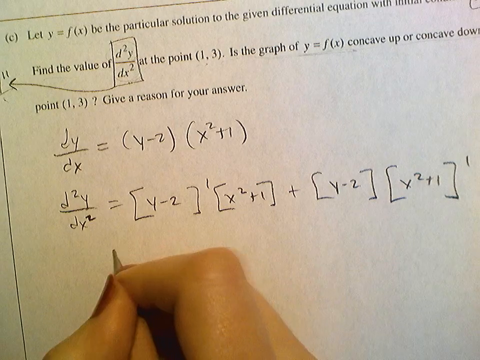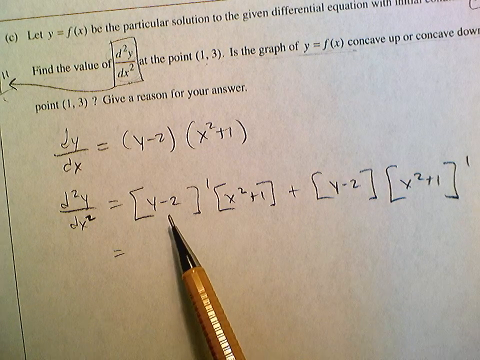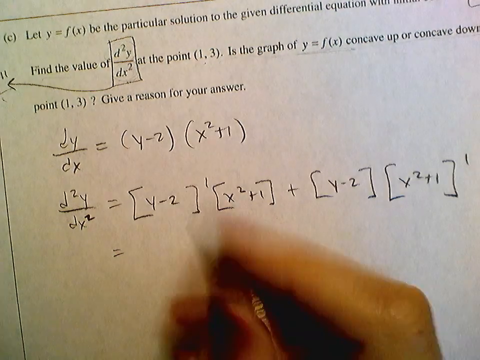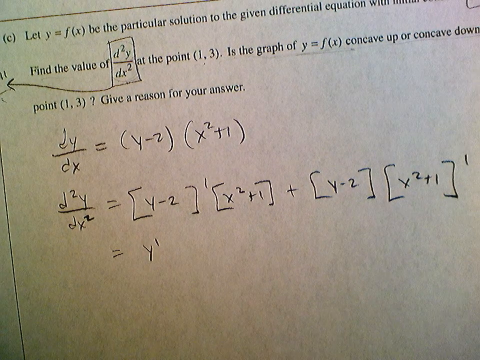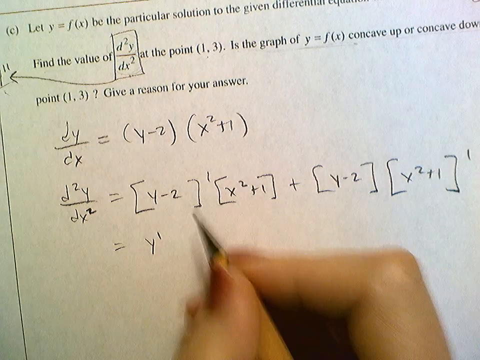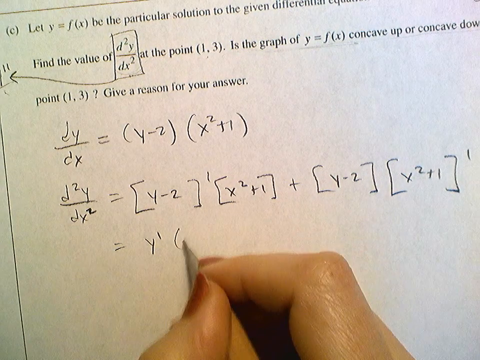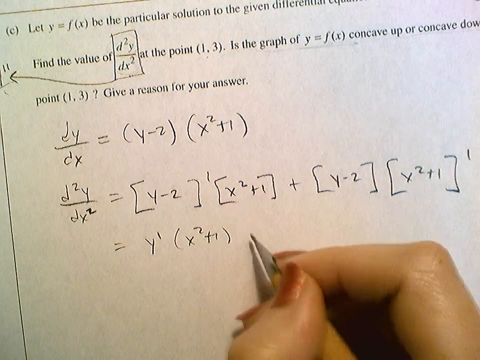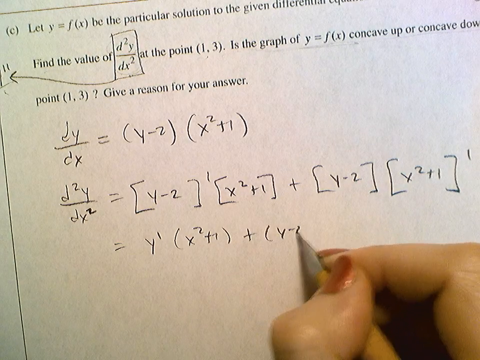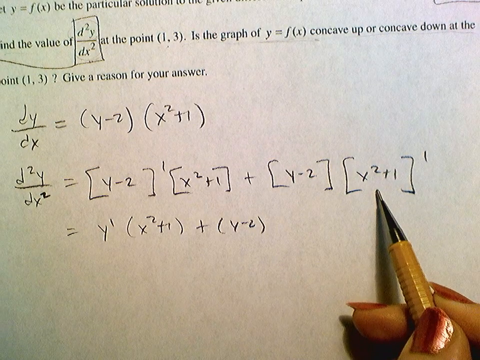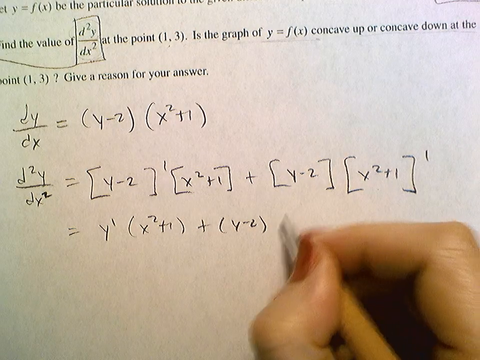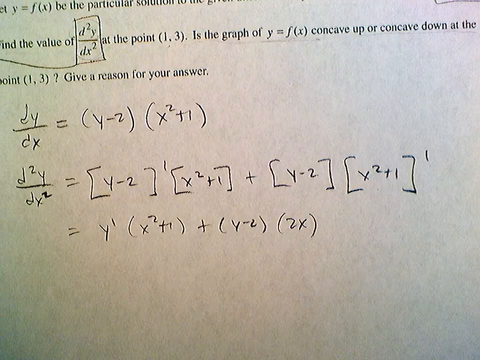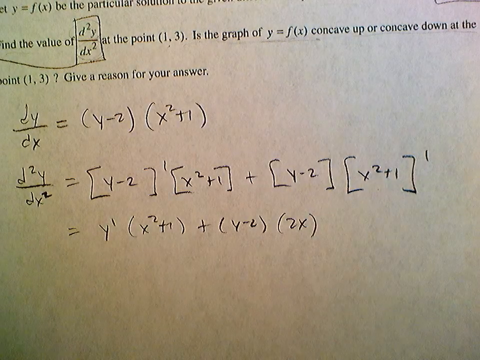And now I take their derivatives. The derivative of this is just 1, and then you do y prime, because it's dy dx. And then I'm just bringing this down, plus that I just bring down. And then the derivative of this is 2x dx dx. So it's just 2x because the dx over dx is a 1.